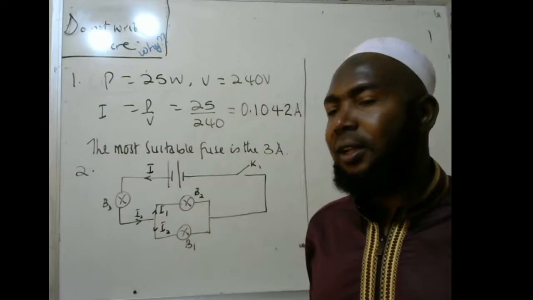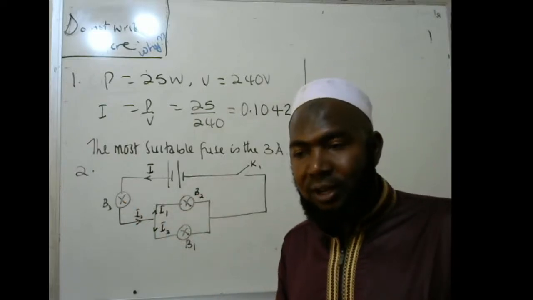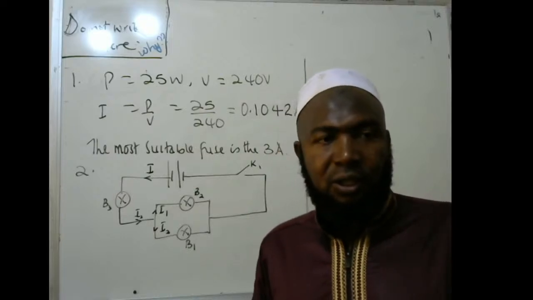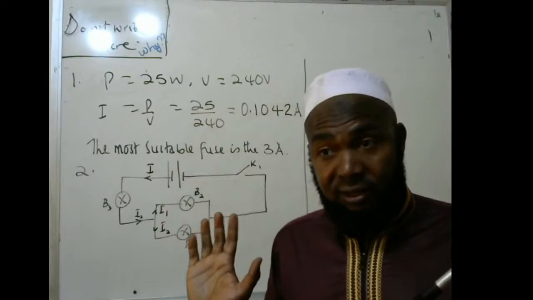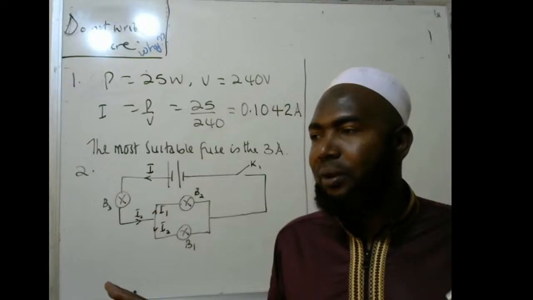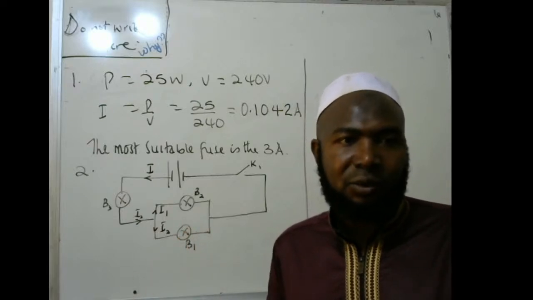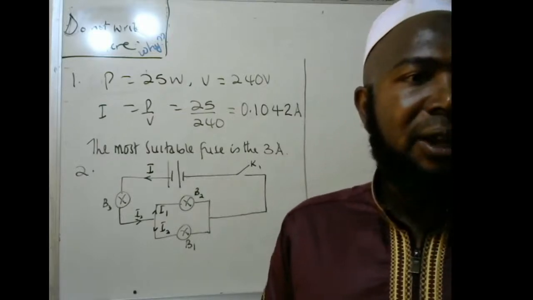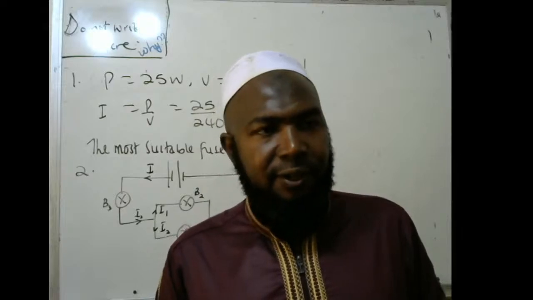But if they are identical, they will light with the same level of brightness. So anyway, the major important thing is that the rest will light. Whether they light with different levels of brightness, that is not an issue as far as the question is concerned.